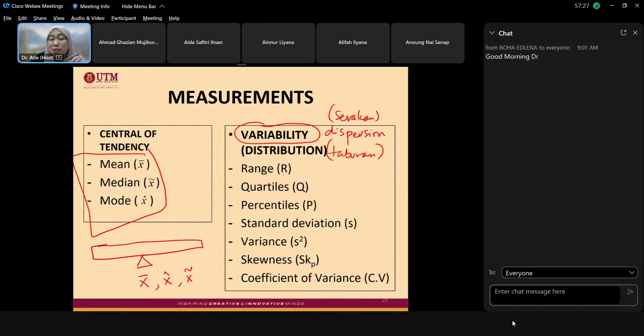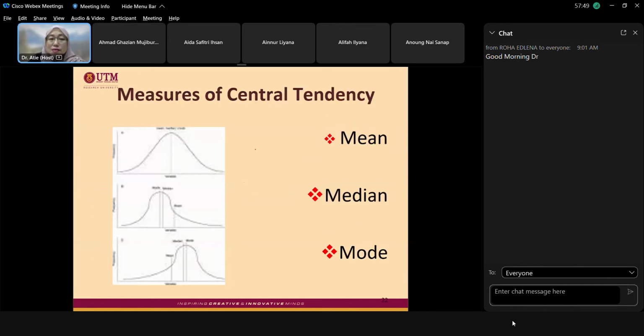All these measurements, range, quartiles, percentiles, standard deviation, variance, skewness, coefficient of variance, have the purpose of telling you more about the dispersion and distribution of your data set. Let me give you an example. We already talked about the mean. Remember, the symbol is X bar.